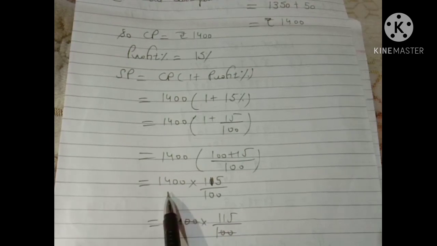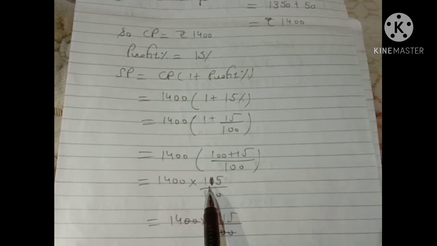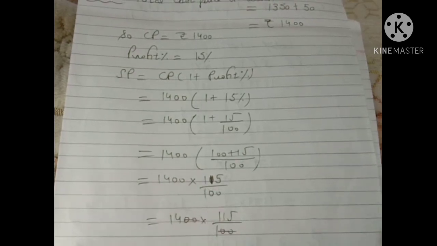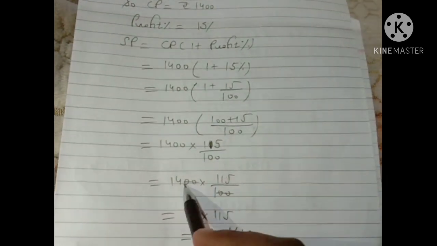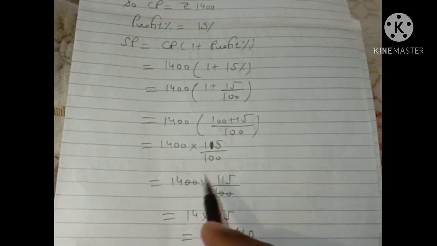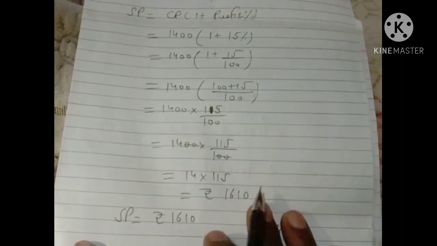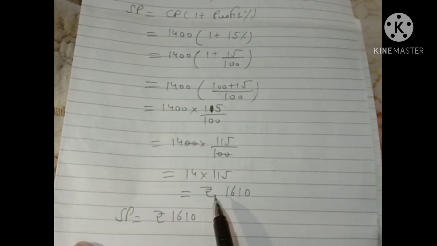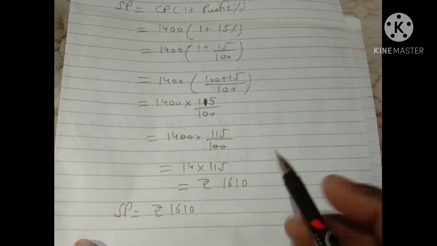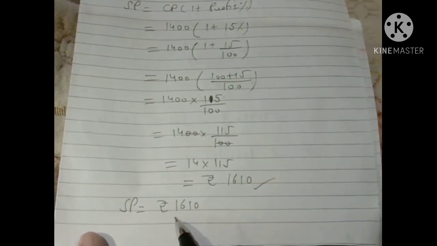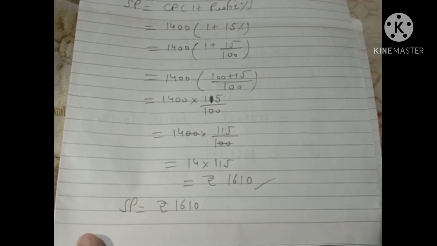Now in the next step this is 1400 into 115 over 100, and the two zeros cancel with each other, so it becomes 14 into 115, and after multiplication it becomes 1610. So in this case the selling price is rupees 1610.